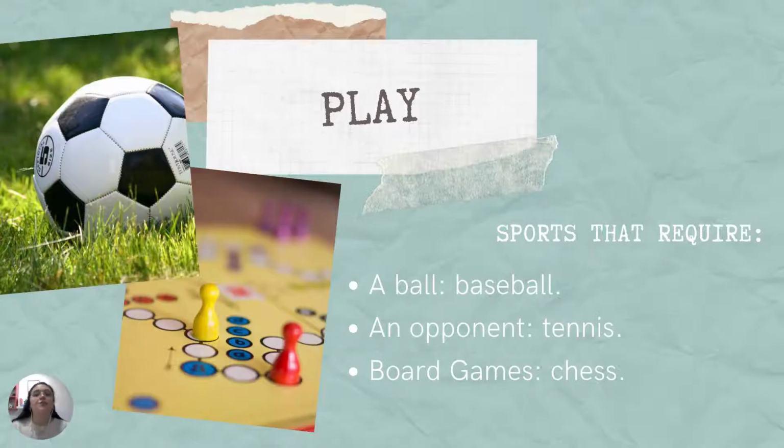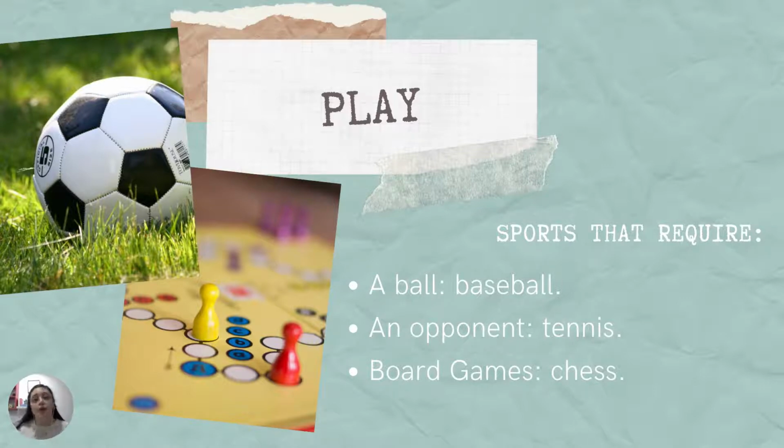For this reason, firstly, we are going to talk about the verb play. You have to keep in mind that we are going to use the verb play for sports that require, first of all, a ball. For example, baseball, soccer, football, or volleyball.